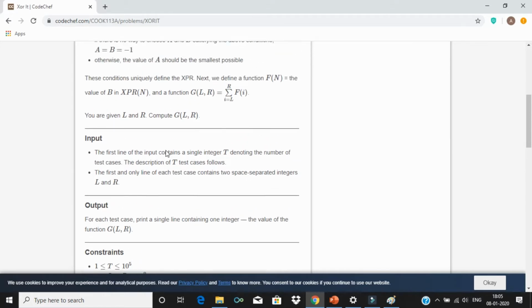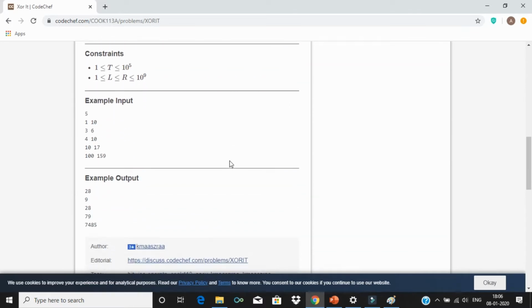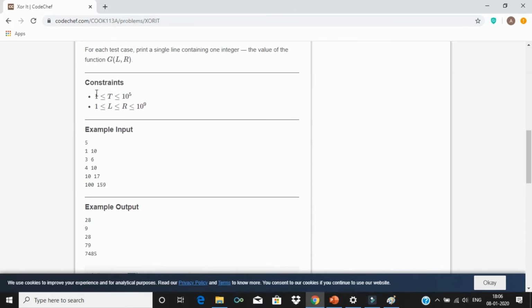Capital N takes the values L, L plus 1, L plus 2, and so on up to R. The constraint on the number of test cases is 10 to the power 5, and the values of L and R go from 1 up to 10 to the power 9.